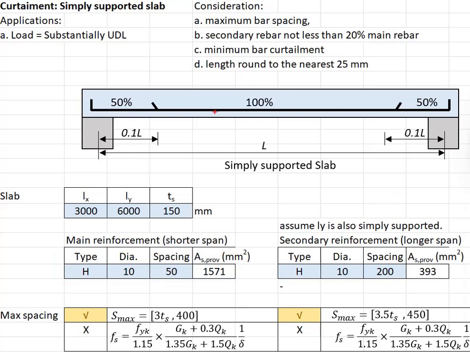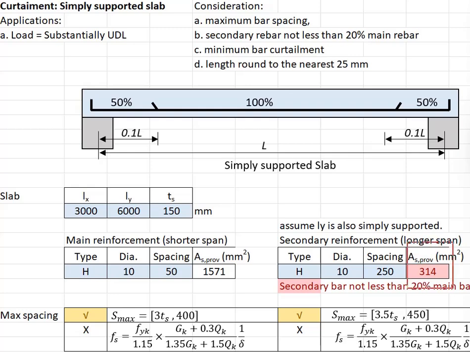First, you need to consider whether the secondary reinforcement bar is less than 20% of the main reinforcement. Let's say you increase the spacing and reduce the amount of reinforcement bar provided. This will be less than 20% of the main reinforcement.